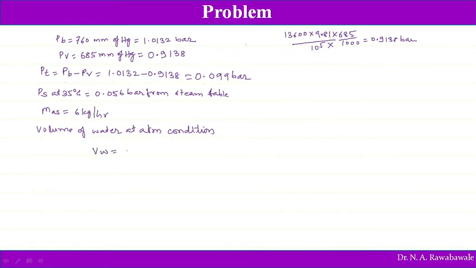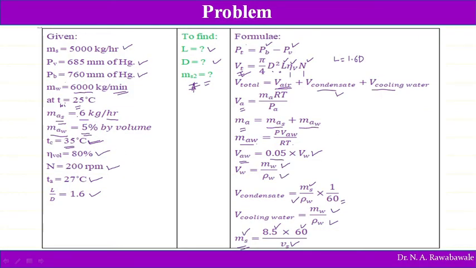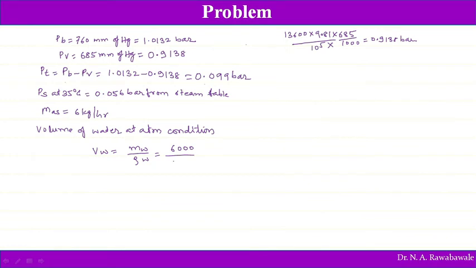VW is equal to mass of water divided by density of water. Mass of water is given here as 6000 kg per minute. 6000 divided by the density of water, 1000 kg per meter cube, so this will be 6 meter cube per minute.